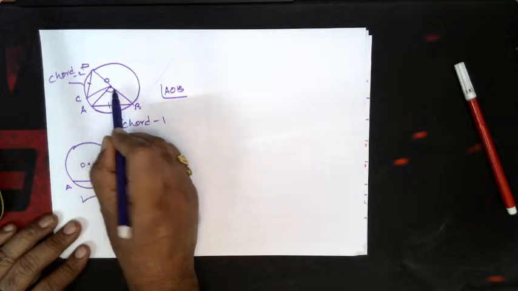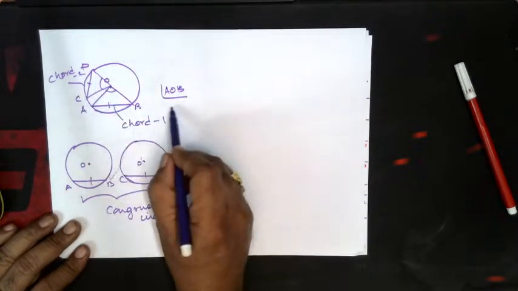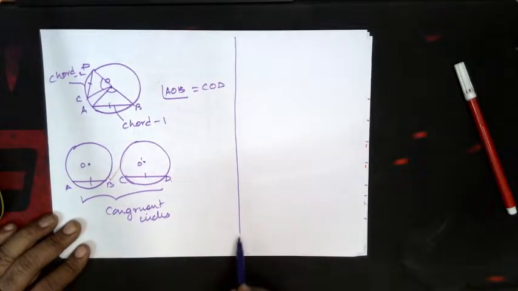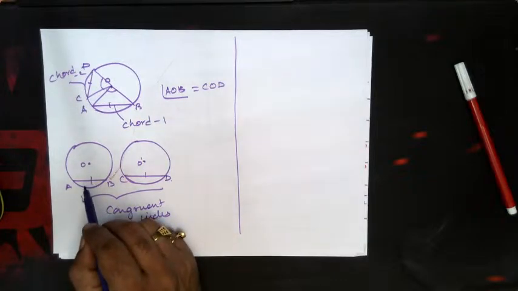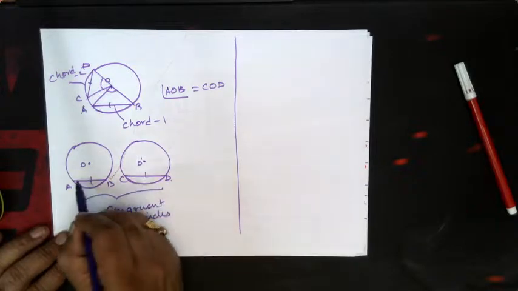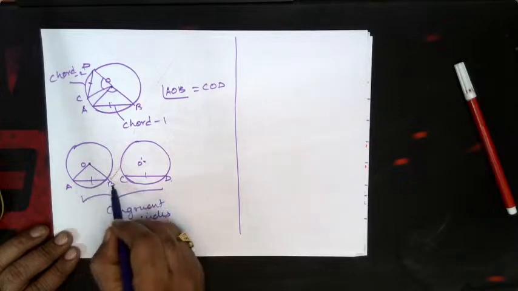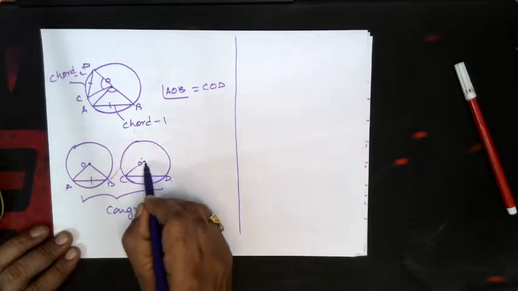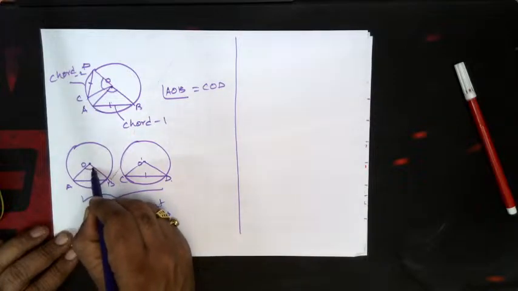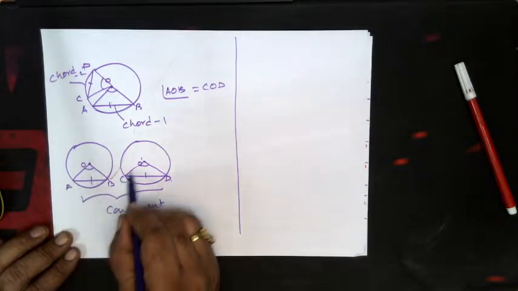So this is COD. Do you understand this? So for equal chords of a circle or congruent circles, you can have AOB and COD. Let us mark these angles: this is AOB, COD.